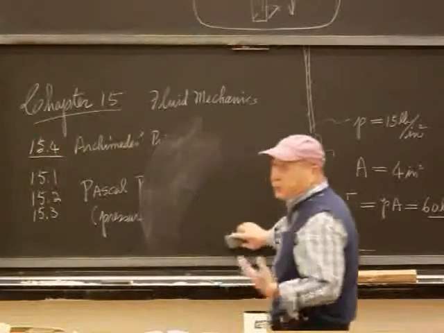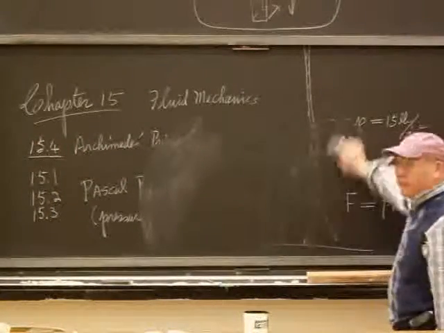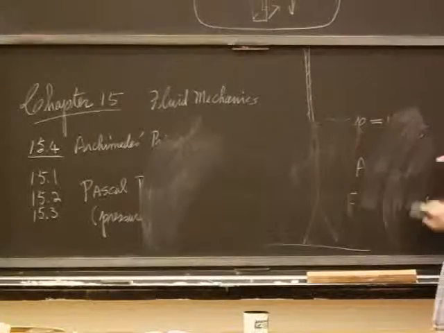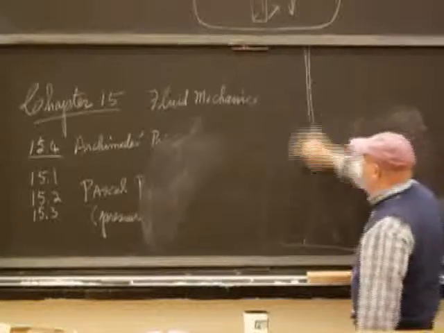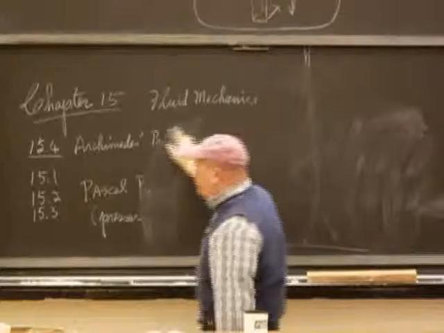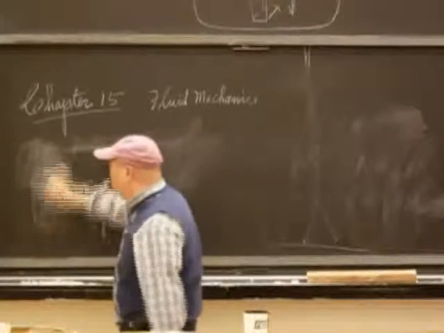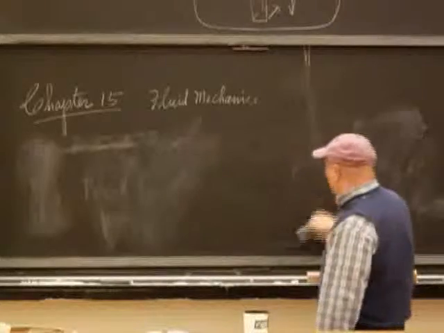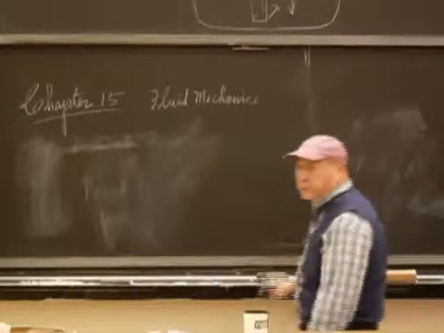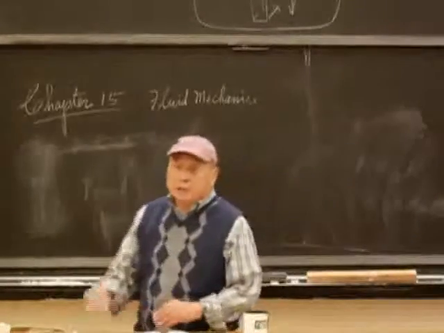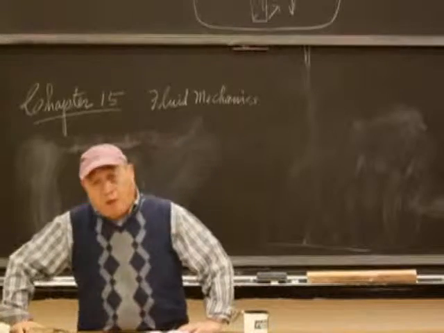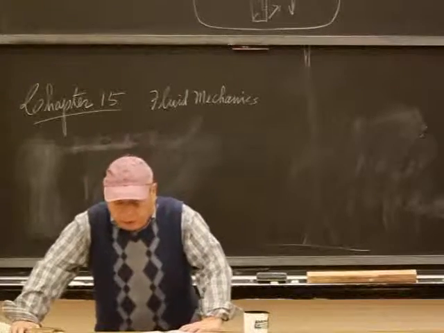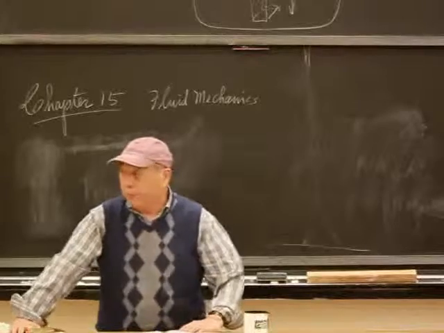If you want to be a shipbuilder, you've got to know Archimedes' principle, and then you start studying Archimedes' principle in detail. And if you are going to be in auto mechanics, you have to study Pascal's principle very well, and that will help you in your career.